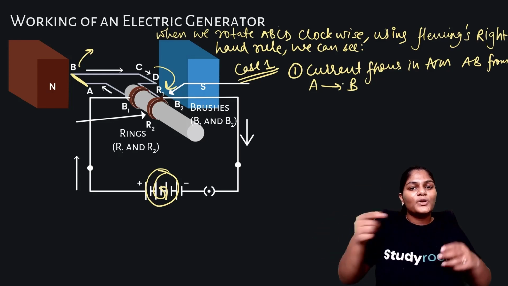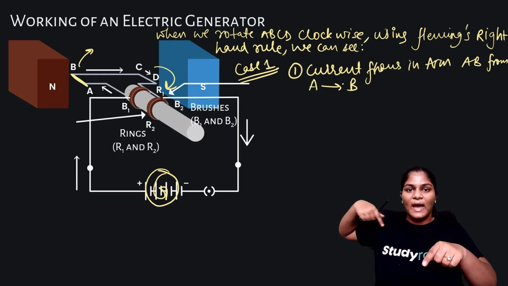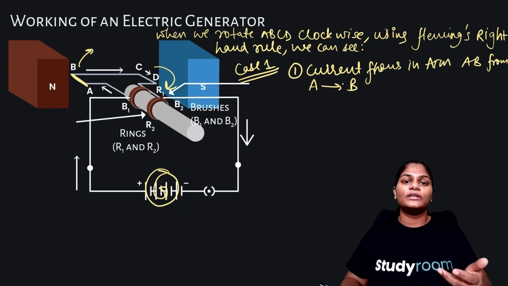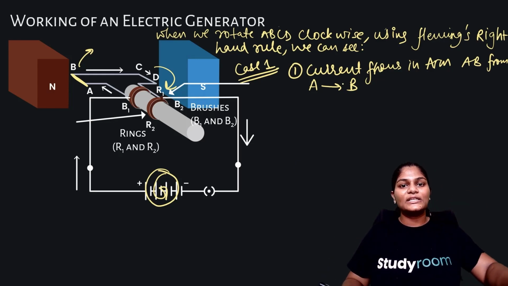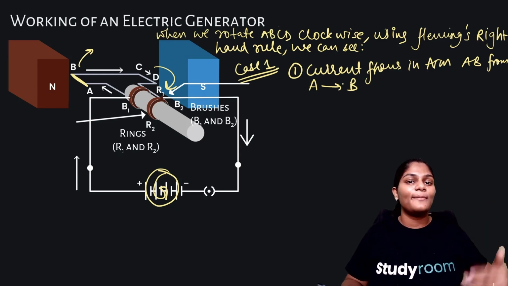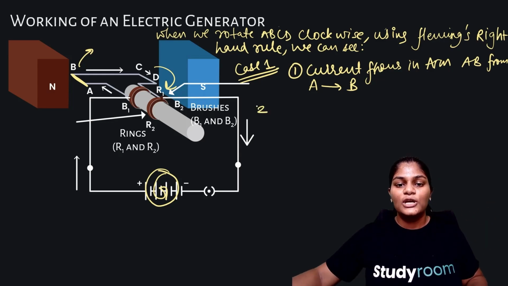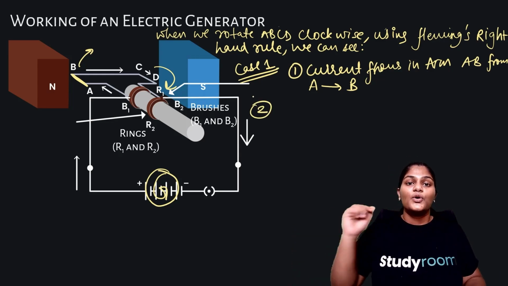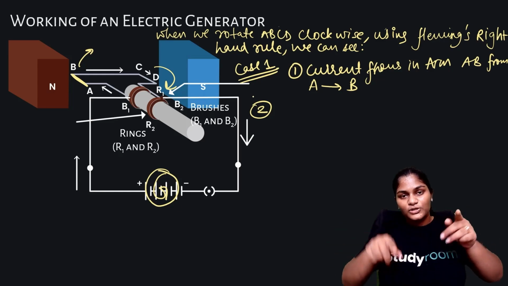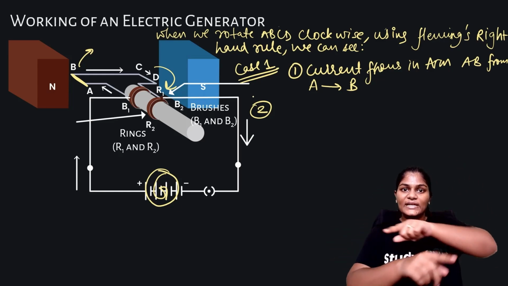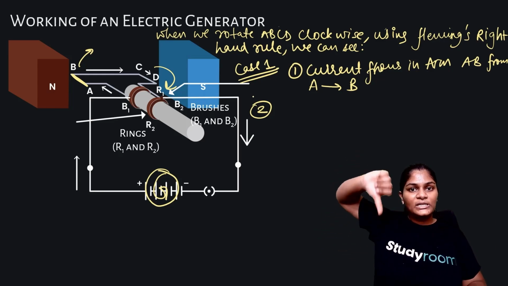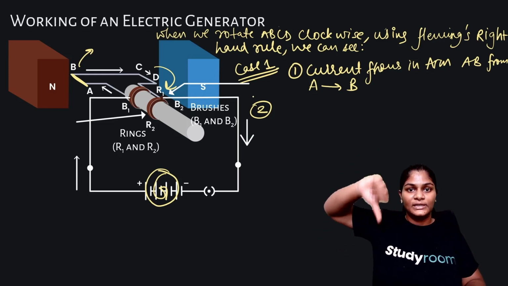Now current obviously goes and comes back like this, but we still want to find the direction of current in CD, even though we know logically that it is going to be from C to D. We will still show that we use Fleming's right hand rule to calculate it. CD is going down because the coil is going clockwise, right? So AB goes up, CD goes down. Thumb points down, movement of conductor is down.